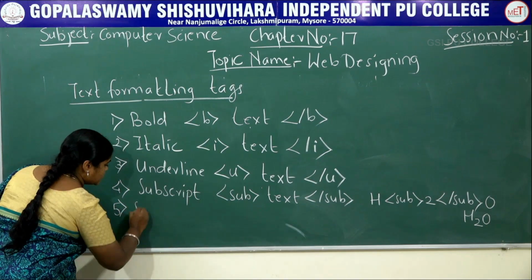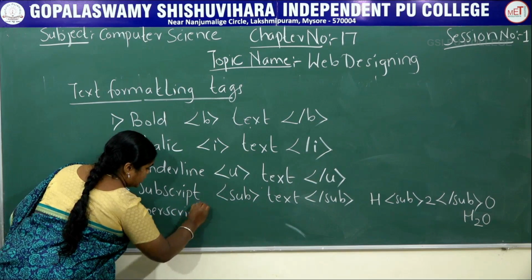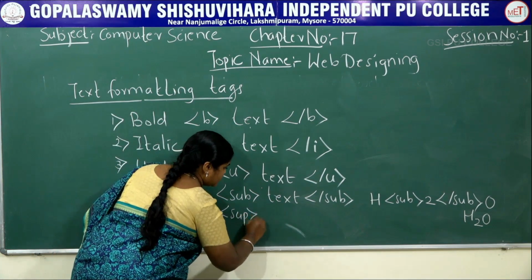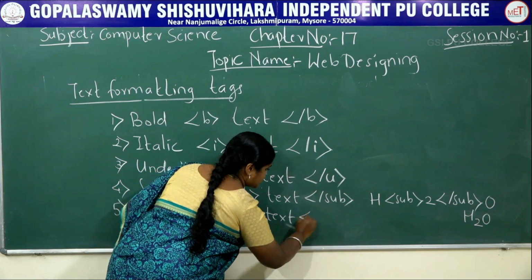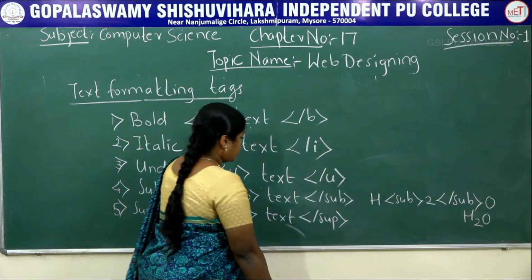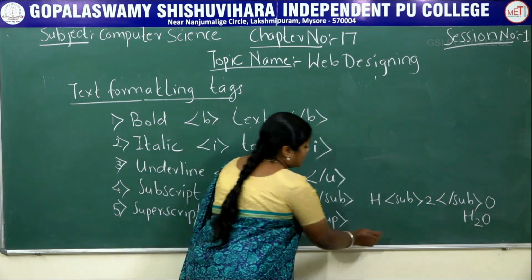Then after this we are going to study superscript. The tag used for superscript is SUP. We are going to specify some text, then /SUP. For this tag we will take the example of a formula.